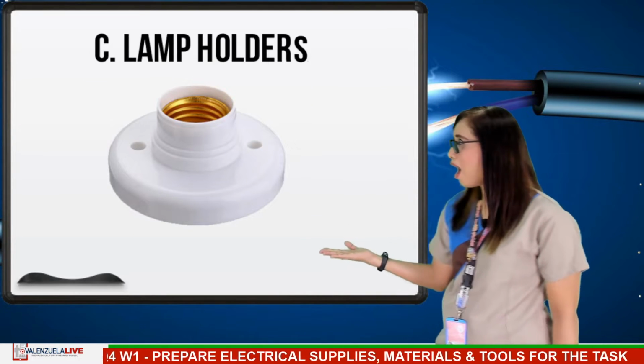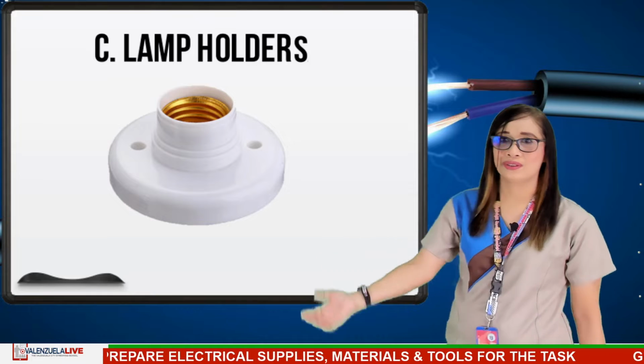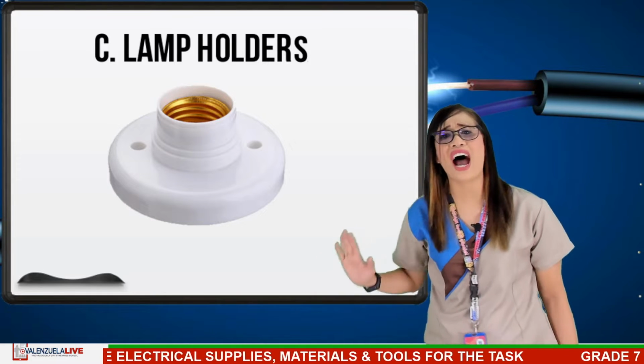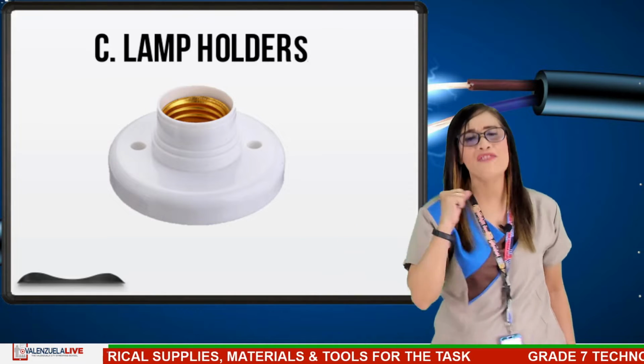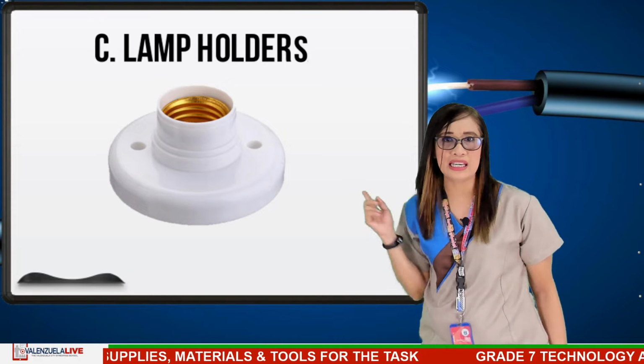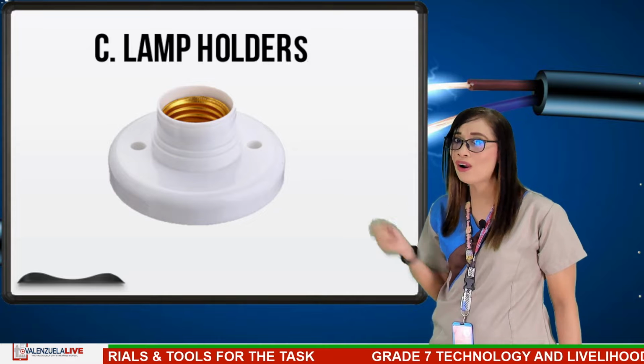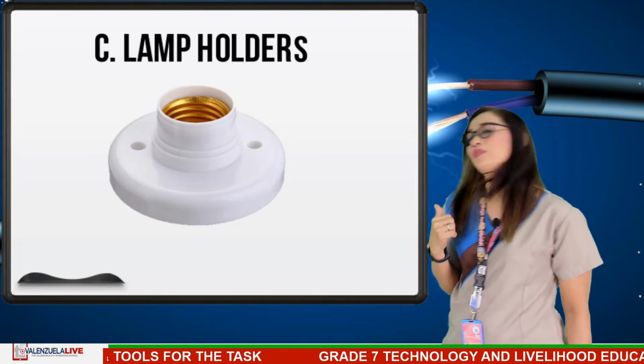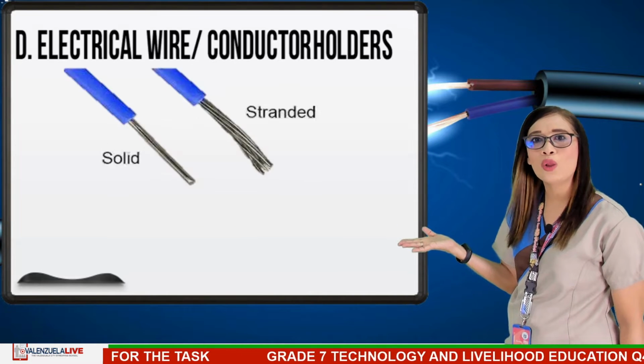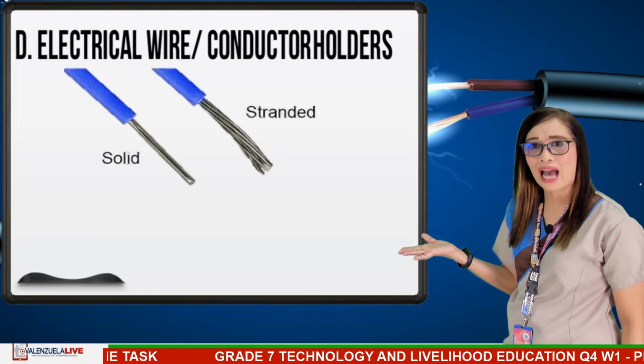Next, lamp holders. This is a device that holds and protects the lamp and is also called a lamp socket or receptacle. Next, we'll have electrical wire, or we call it conductor.